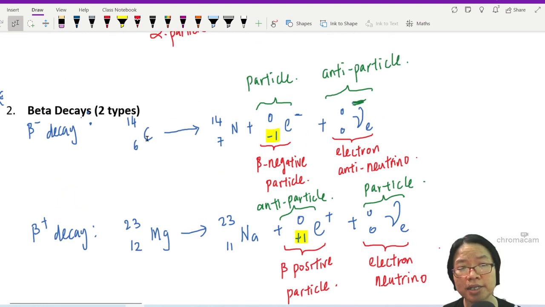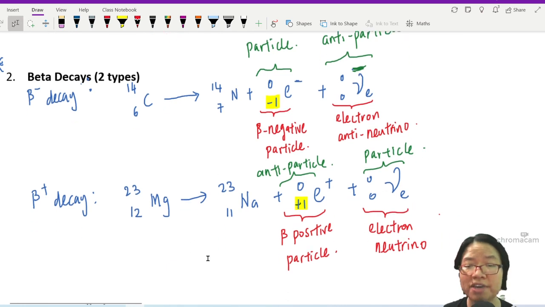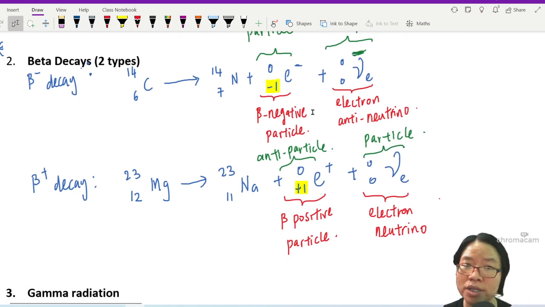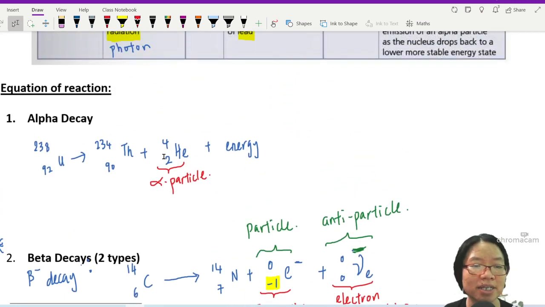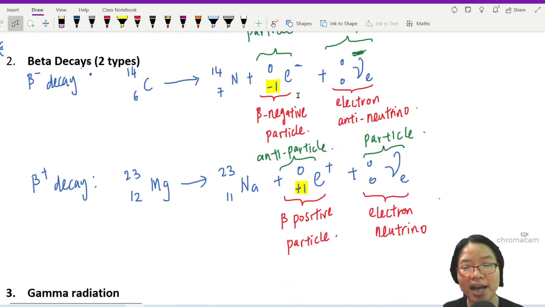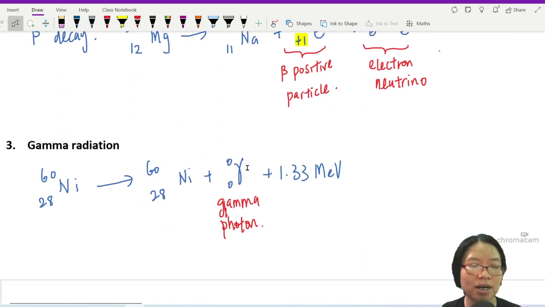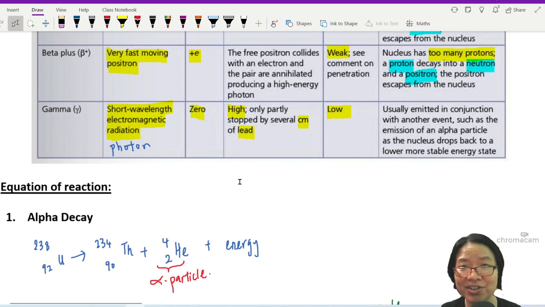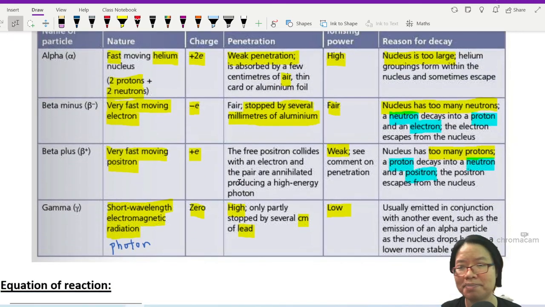These are still much heavier than the electron and the electron neutrino. So these two will share the KE. This alpha particle got no one to share, so it takes all the KE. That's why beta has a range. Gamma is light. Light has a constant speed, and there's no such thing as kinetic energy of light. All right? So just so you know that they have a range.